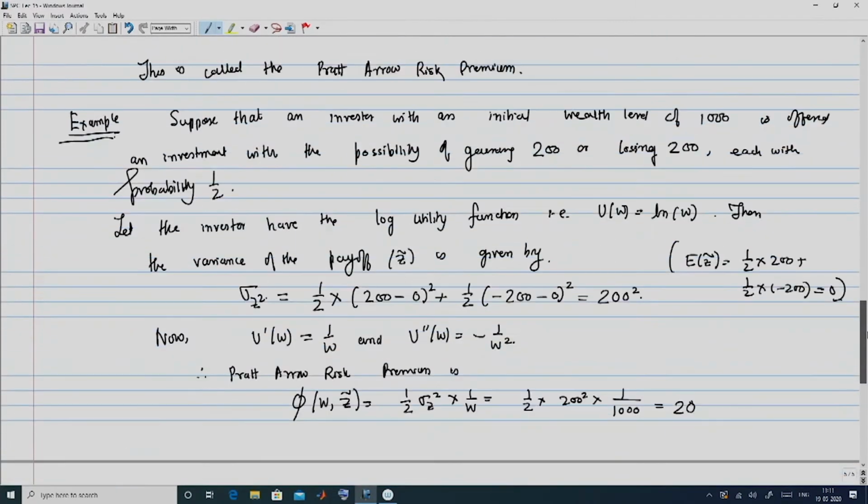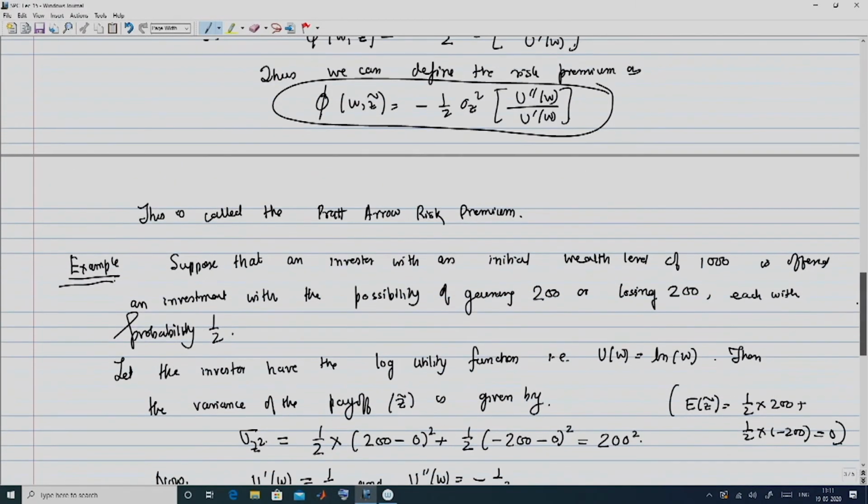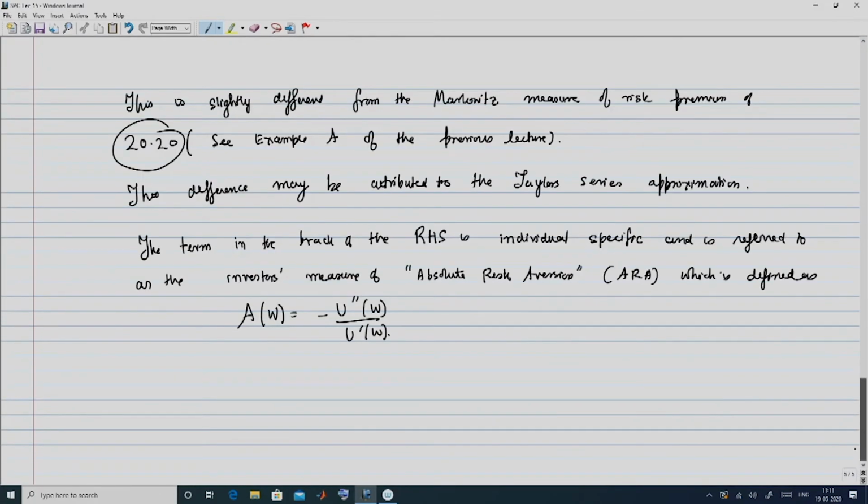All right. So, just recall that we had these two terms here. This is going to be half sigma square term and this term which involves the utility. So, this term here is investor specific and this term is independent of the investor, since it pertains to the specific risky investment that is being offered to the investor.